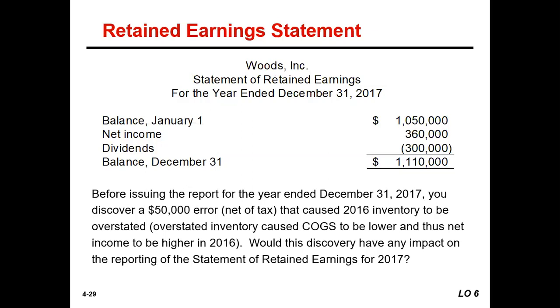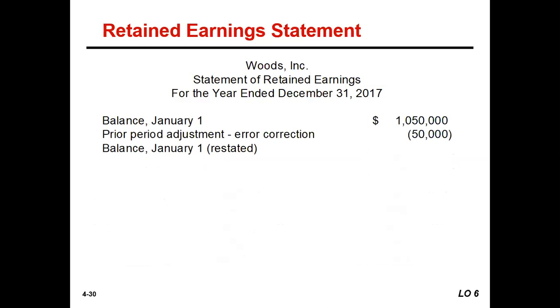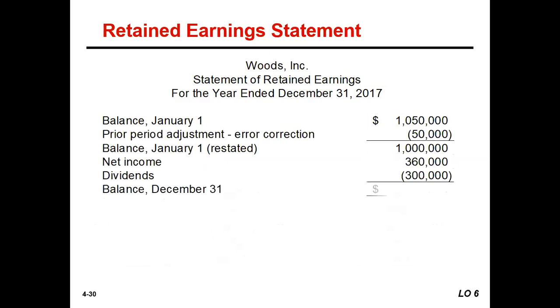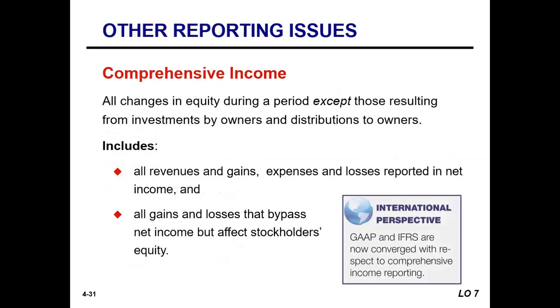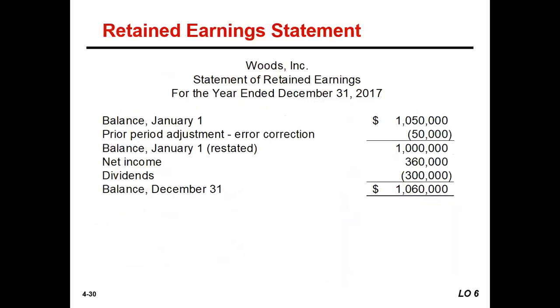So what we need to do is adjust retained earnings by 50,000 essentially. So we take into account that prior period adjustment. Instead of being at, I think on the previous slide, 1,110,000, now we're at 1,060,000, after we made that adjustment.